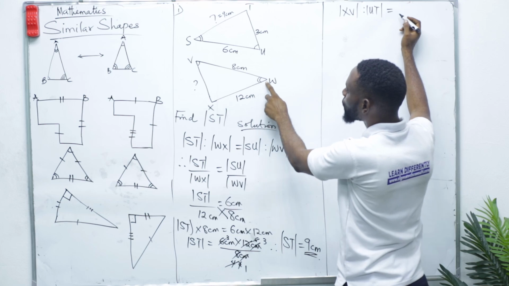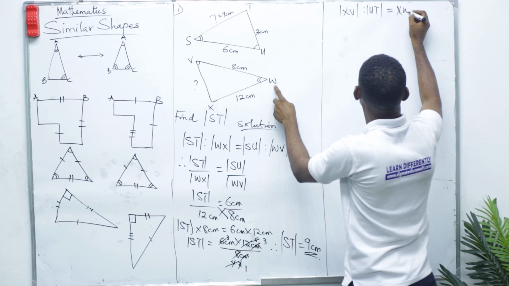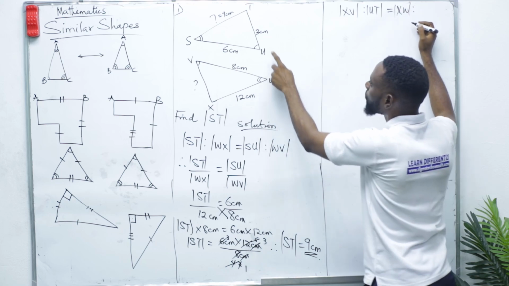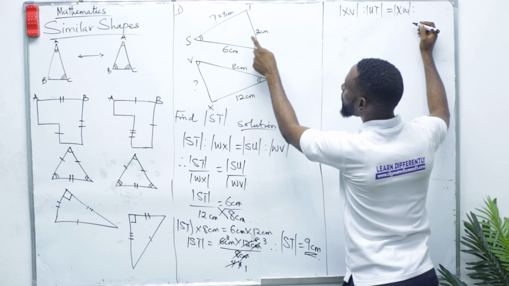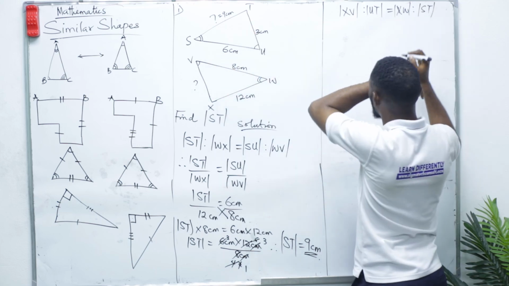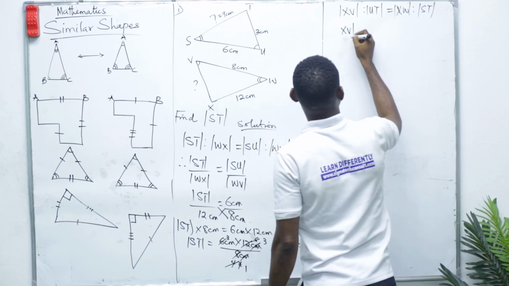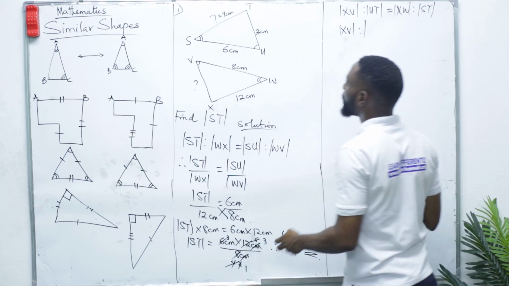They're asking us to do double to nothing, that is XW. XW is to double to nothing, double is to ST. So this will now be XV is to, what is our UT?